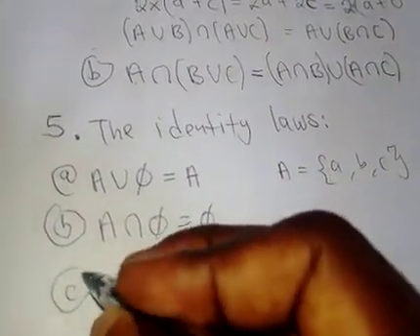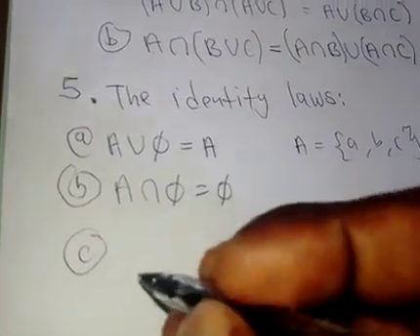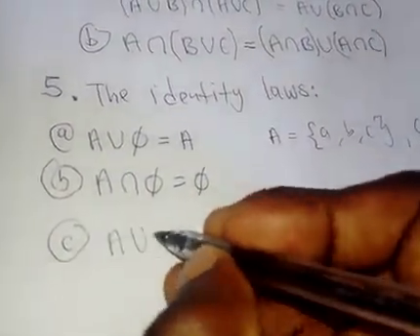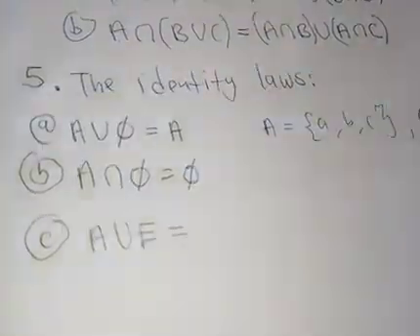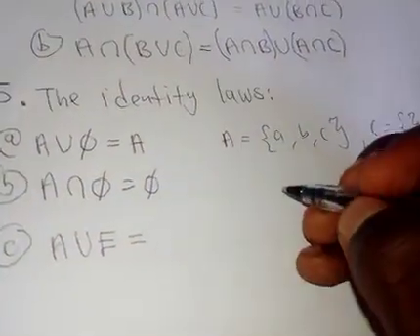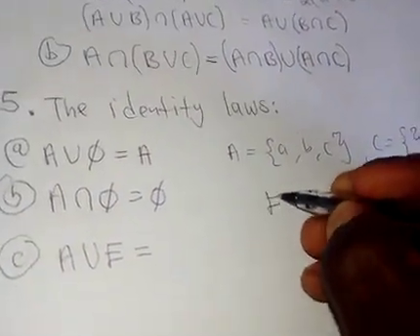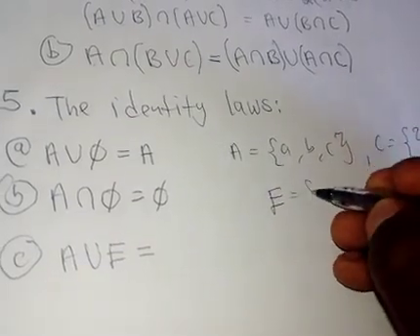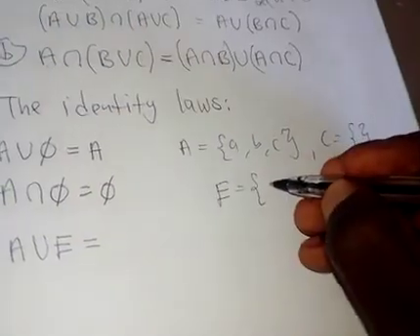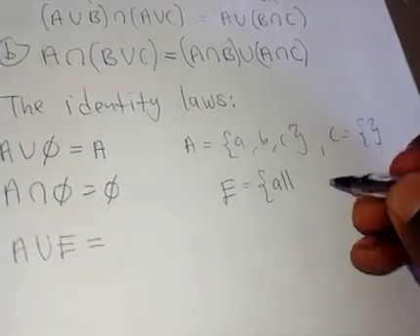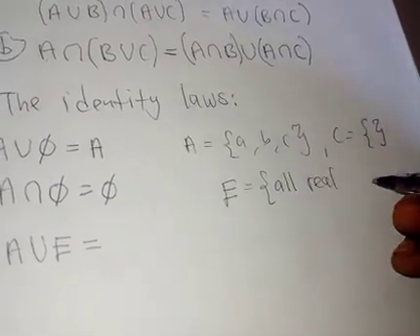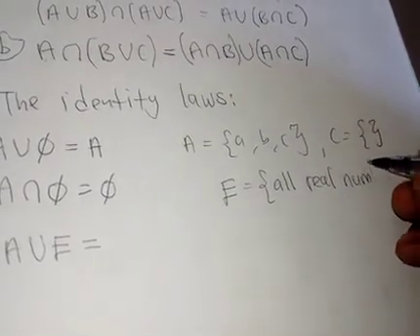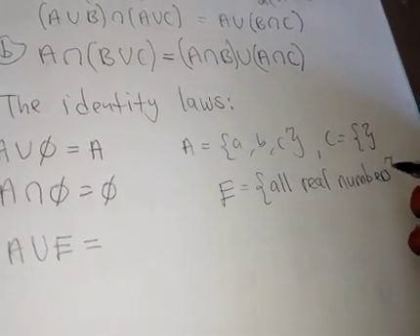Then for C, what if we have A union of the universal set? Let's say the universal set E contains all real numbers. That's the universal set.